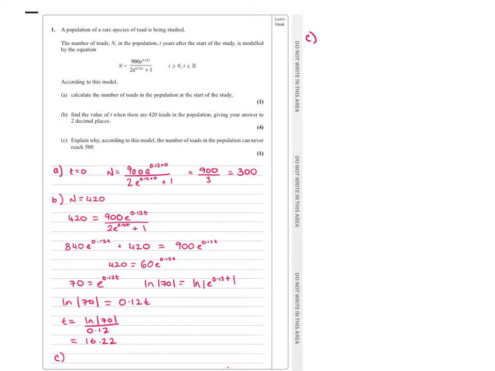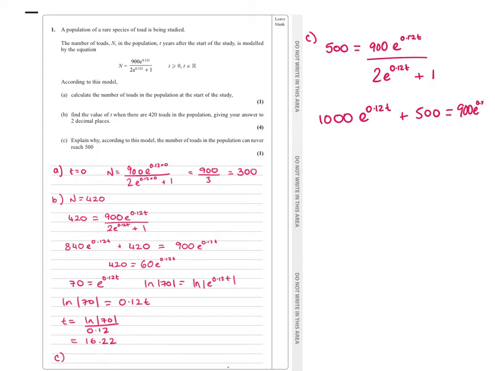So for part C, we can put 500 equals 900e to the 0.12t over 2e to the 0.1t plus 1. And then I'm going to multiply this, so I'm going to have 1000e to the 0.1t plus 500 equals 900e to the 0.12t.